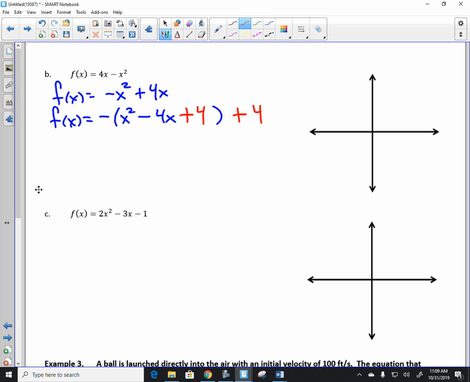You must consider whatever you factored out. The true value of this 4 is negative 4 because of the negative. That factors f of x is negative (x minus 2) quantity squared plus 4. So what is the vertex? 2, 4.